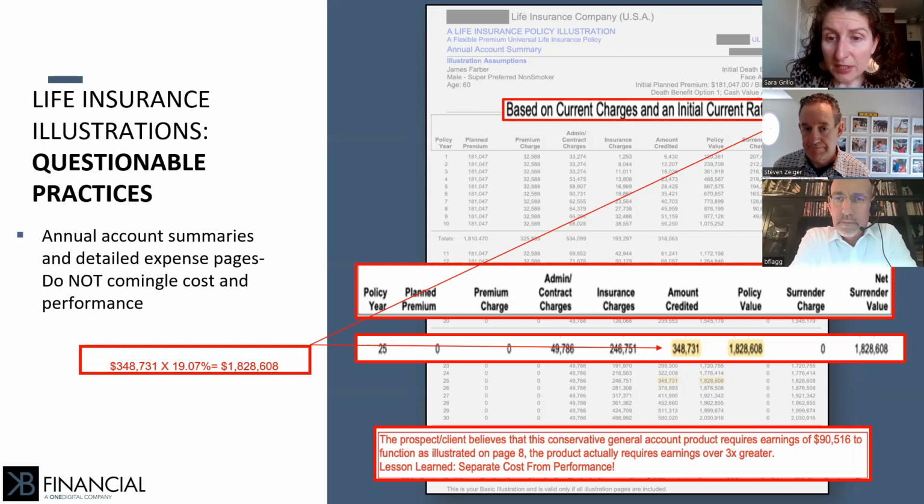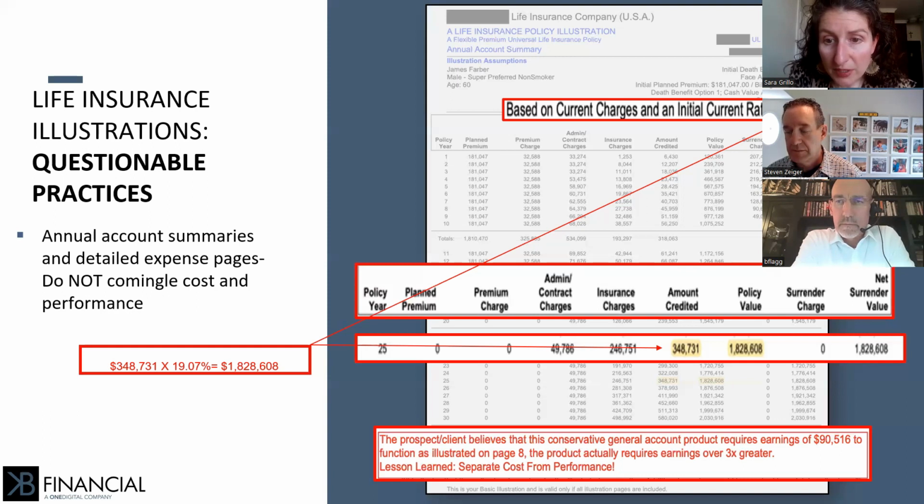We then went to the report that the insurance company gave us that showed the illustration assumptions. Those assumptions showed that in the 25th year, $348,731 would have to be credited in order to overcome the admin contract charges and the insurance charges added together.